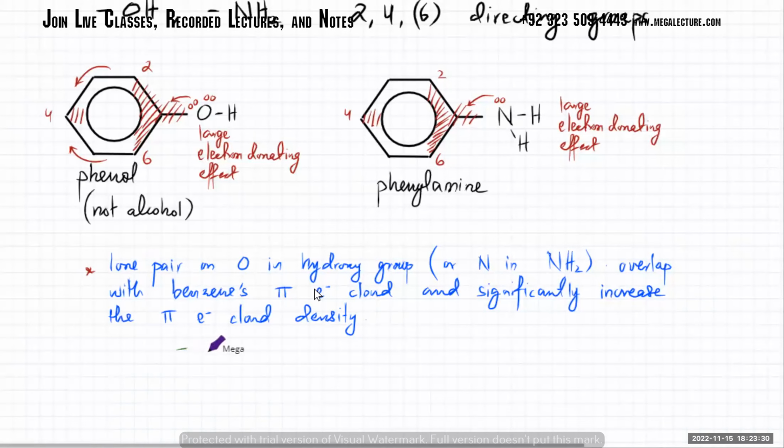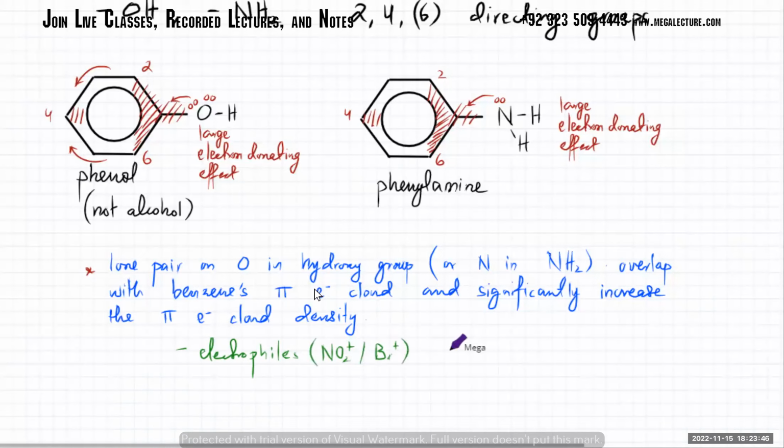So what happens is that the electrophile, और आपके पास you had two electrophiles. You had NO2 plus and Br plus, ठीक है, वो Br2 में से.